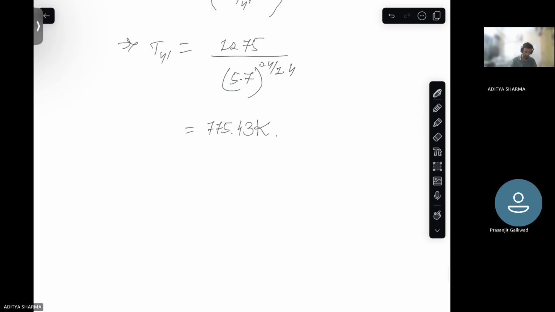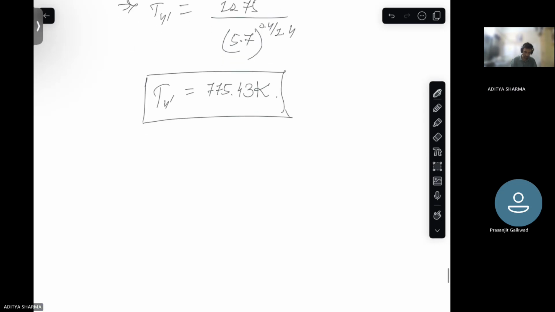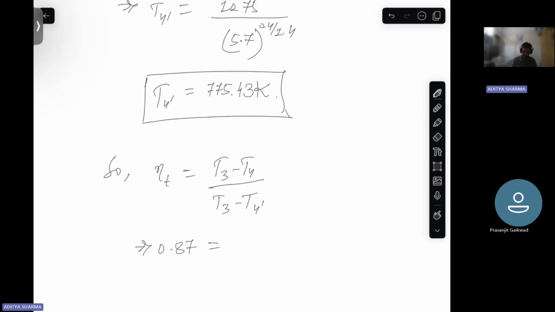Now coming to, so T4 dash we have found out. Now efficiency of turbine is T3 minus T4 by T3 minus T4 dash. Implies 0.87 is equal to 1275 minus T4 divided by 1275 minus 775.43.